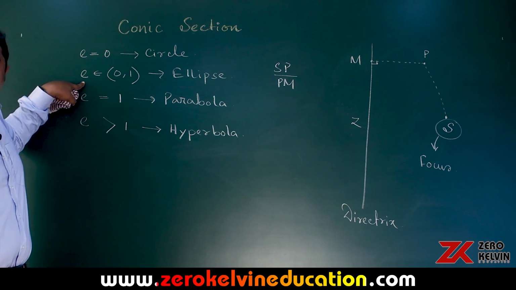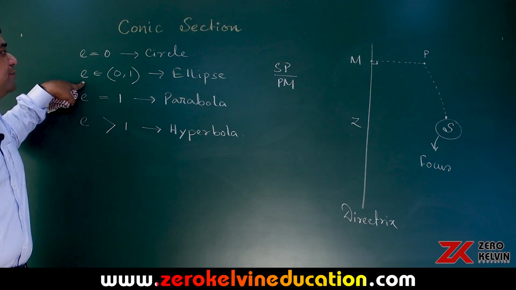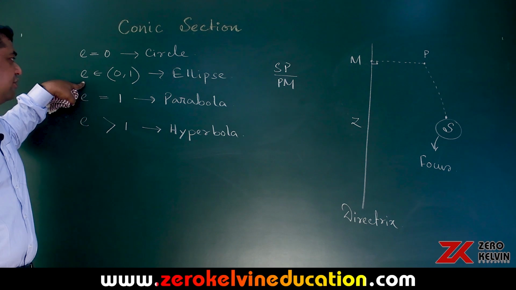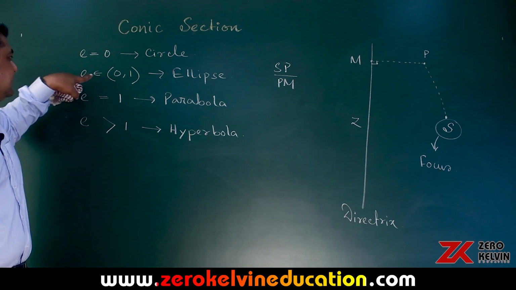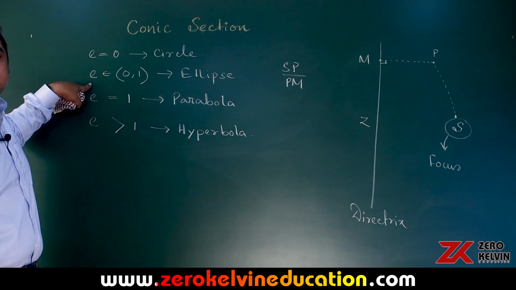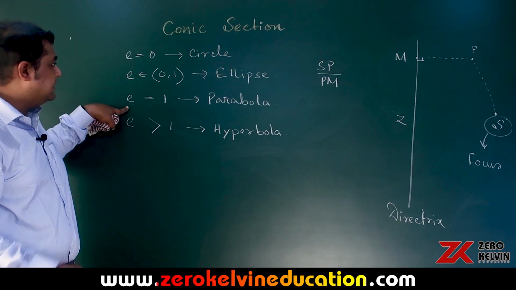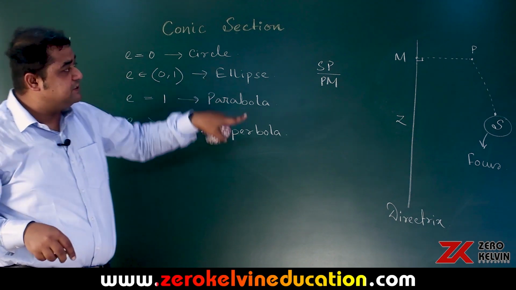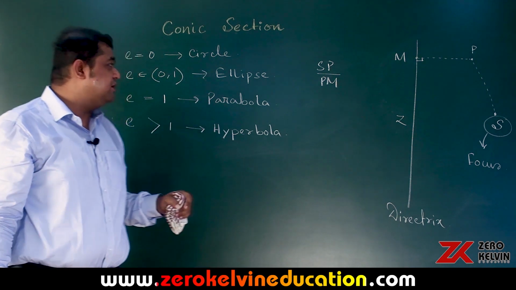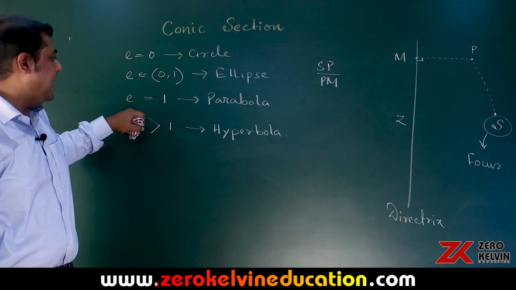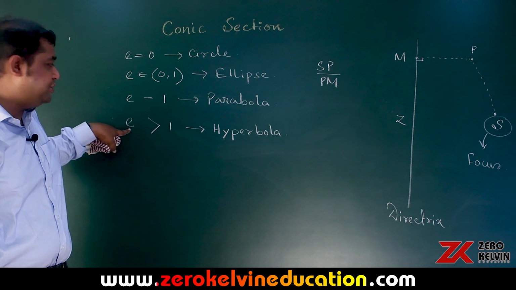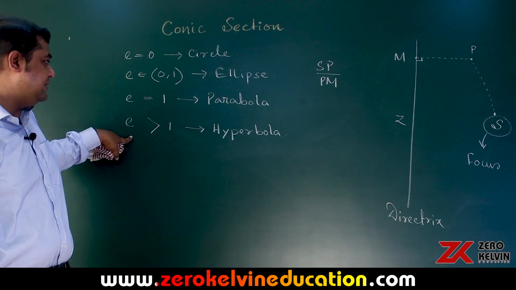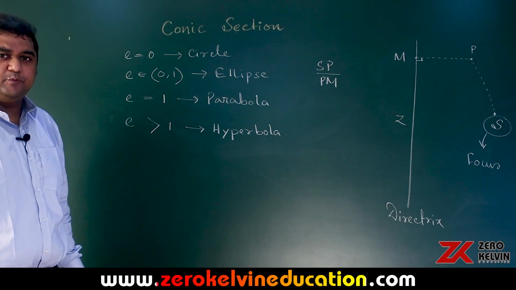Eccentricity in the open interval 0 to 1 is when the movement of P is closer to S than the directrix and maintaining the constant ratio throughout. So, numerator lesser than denominator generates the ellipse, keeping the ratio value constant. Eccentricity exactly 1 is when both these distances, numerator and denominator, are equal, going to give us a parabola, and when distance from focus is always more than distance from directrix, that is going to generate a hyperbola.